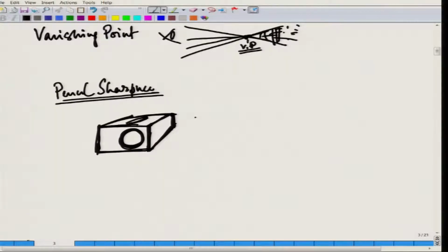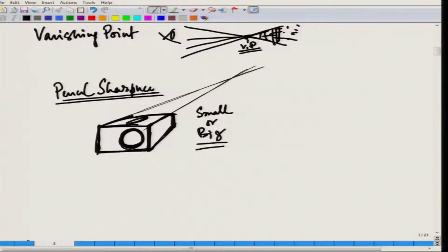Now, we do not know whether it is small or big. We have a vanishing point in the same drawing that is placed somewhere here. If we extend these two lines which are not parallel, then they all meet there. So, the vanishing point for this drawing is somewhere which is not very far from the page.